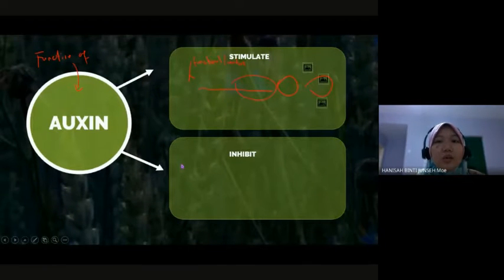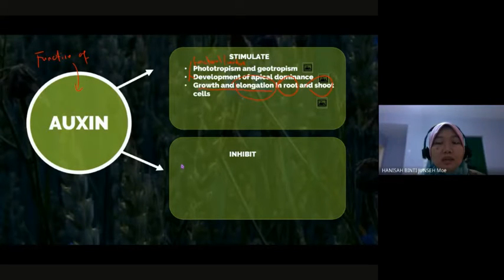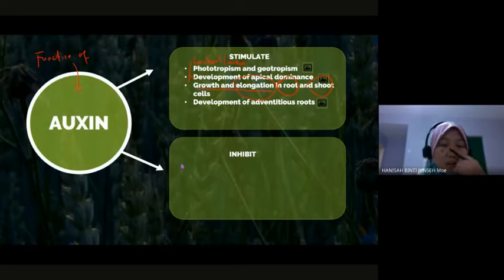So we already looked at auxin in phototropism and geotropism, and the development of apical dominance, and auxin helps to stimulate growth and elongation in roots and shoots, and also helps to develop the adventitious roots.